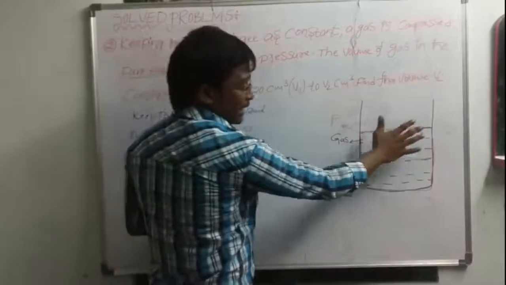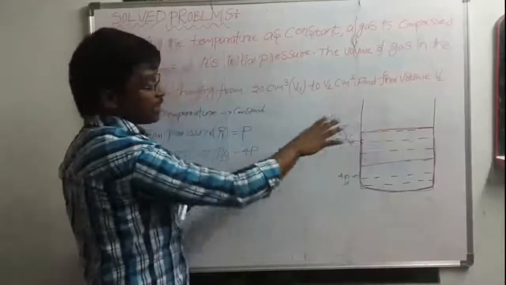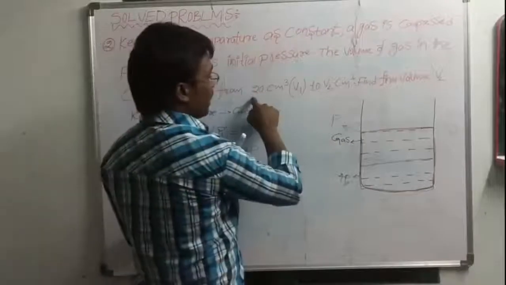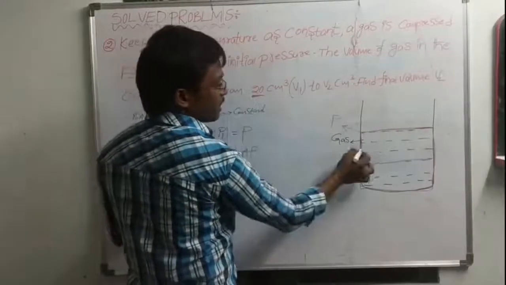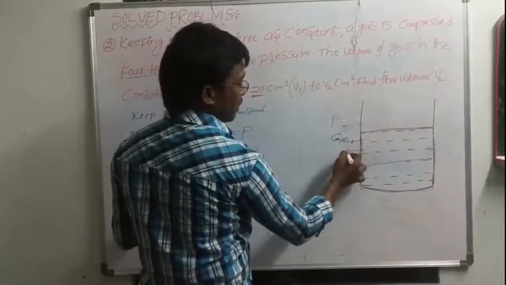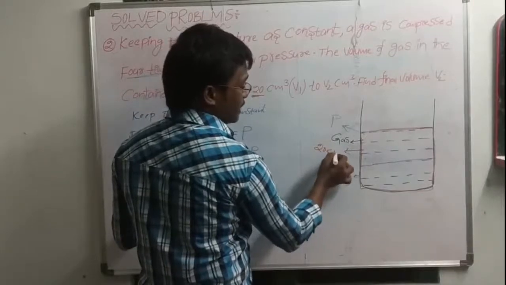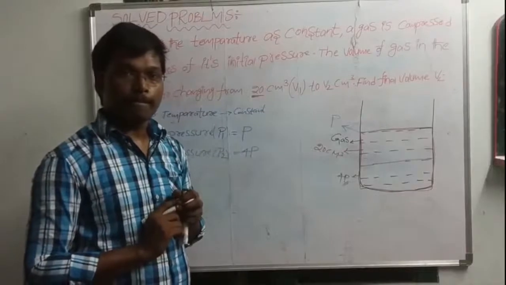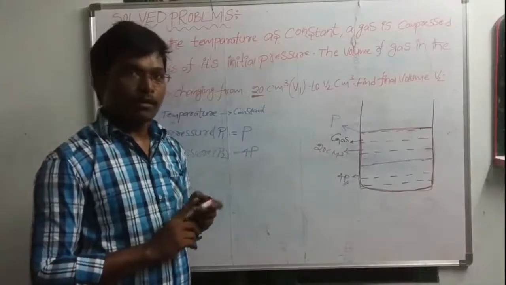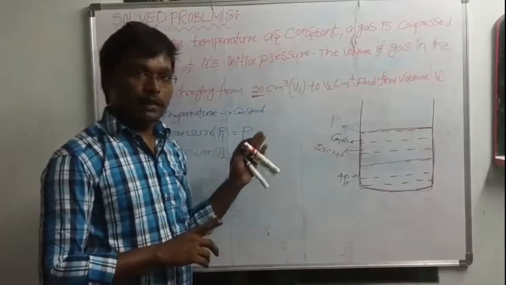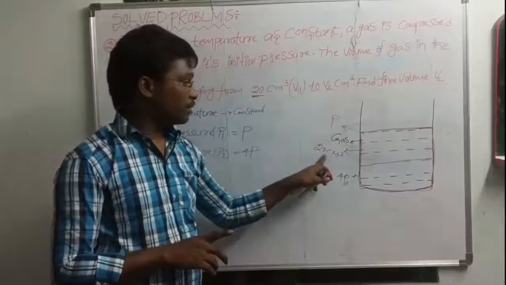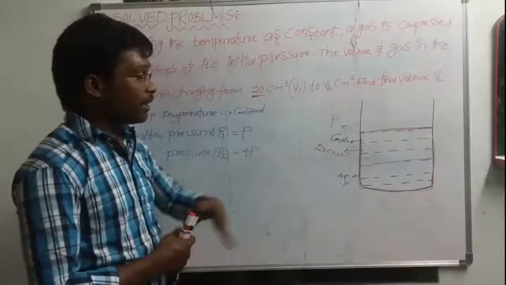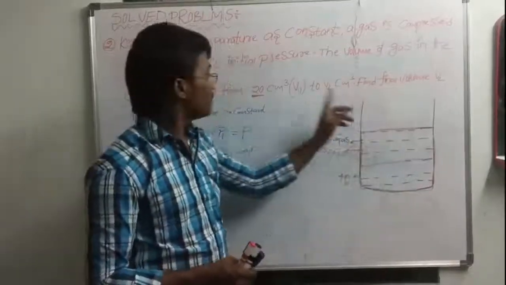So at the initial stage, what is the volume of the container? 20. Initial stage, volume of the container is 20 centimeter cube. Okay, so this is the initial stage of the gas volume, 20 centimeter cube. Whenever we are compressing the gas, what happens?